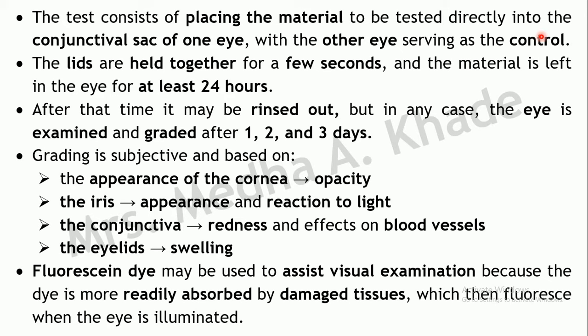After instillation of the chemical in one particular eye, either right or left, you keep it as the treatment eye, and the other eye is kept as a control. After instillation, the lids are held together for a few seconds so that the chemical does not run out of the eyes.